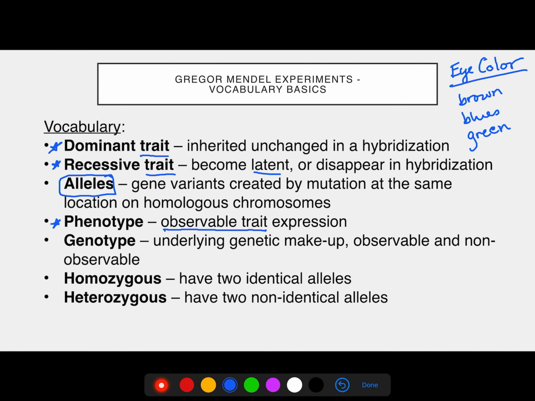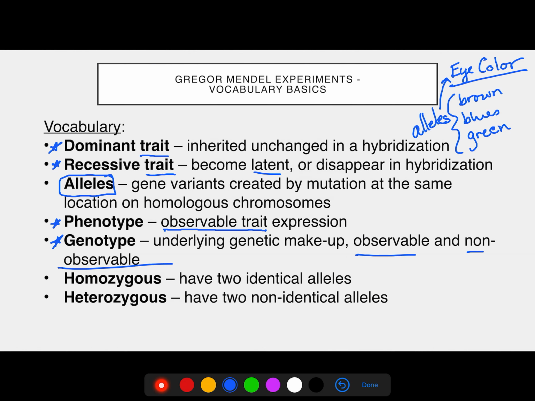Well, these are all three alleles of eye color. They're variations of the same gene. Okay. Genotype. Genotype tells you what is the actual gene makeup that you happen to have in an organism, whether it's observable or not observable.